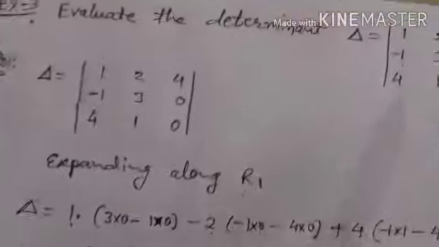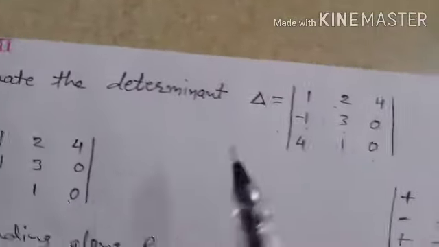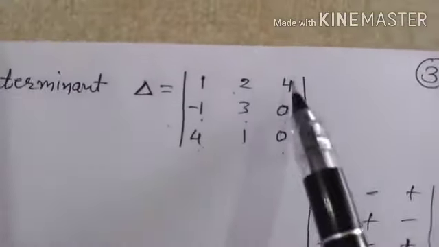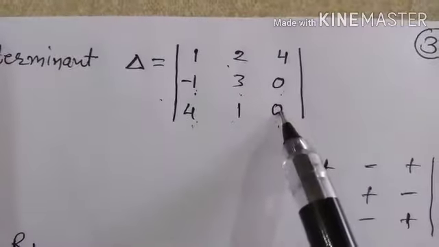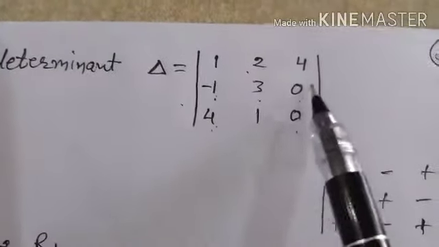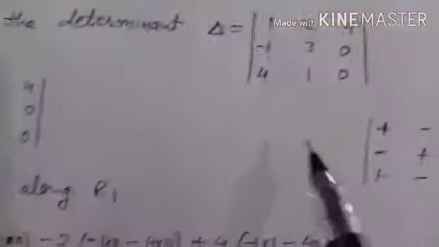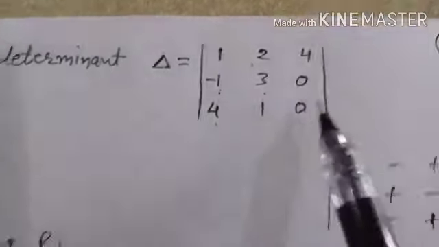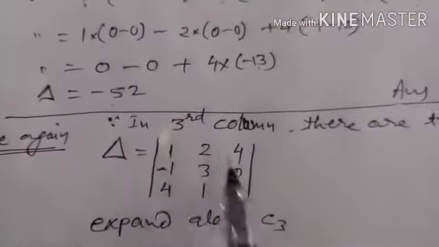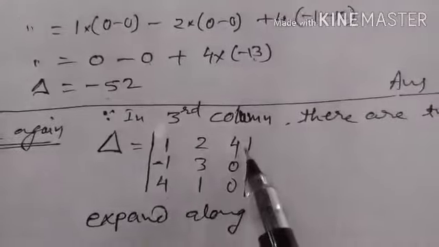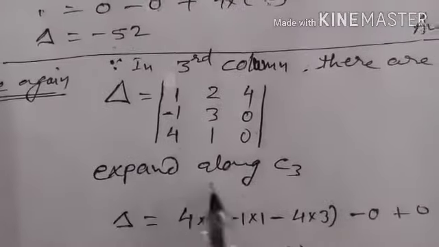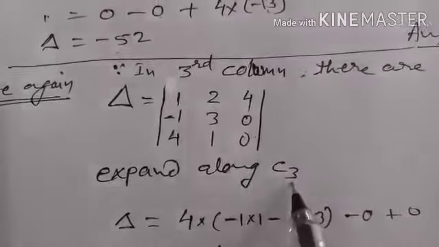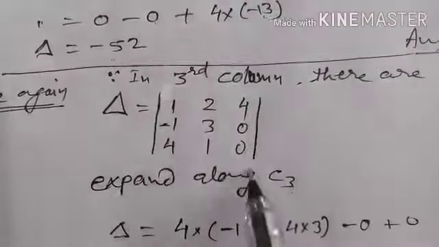Now once again, since we observe here that in third column there are 2 zeros, so here we expand along third column. So let's see one more time. This is our determinant and this is the third column. Here we expand this determinant along C3, third column.